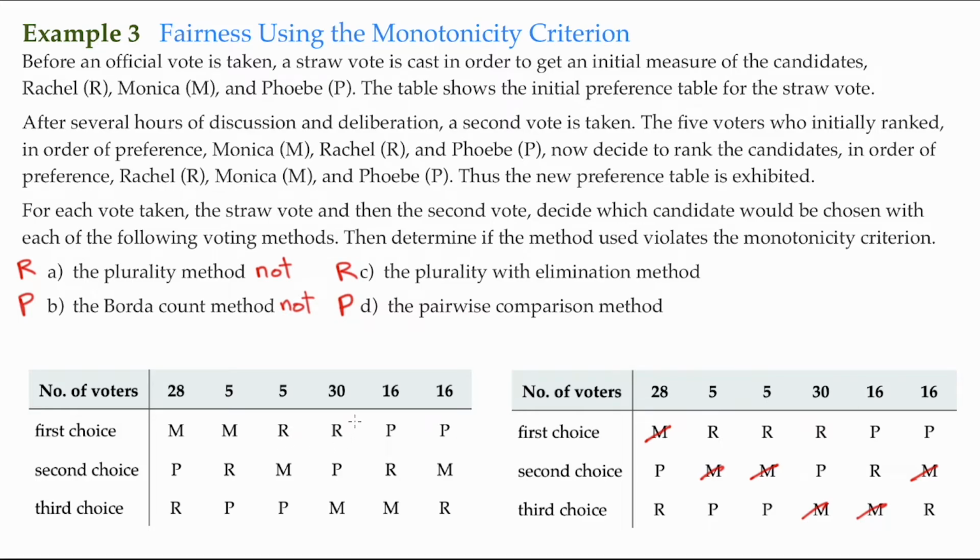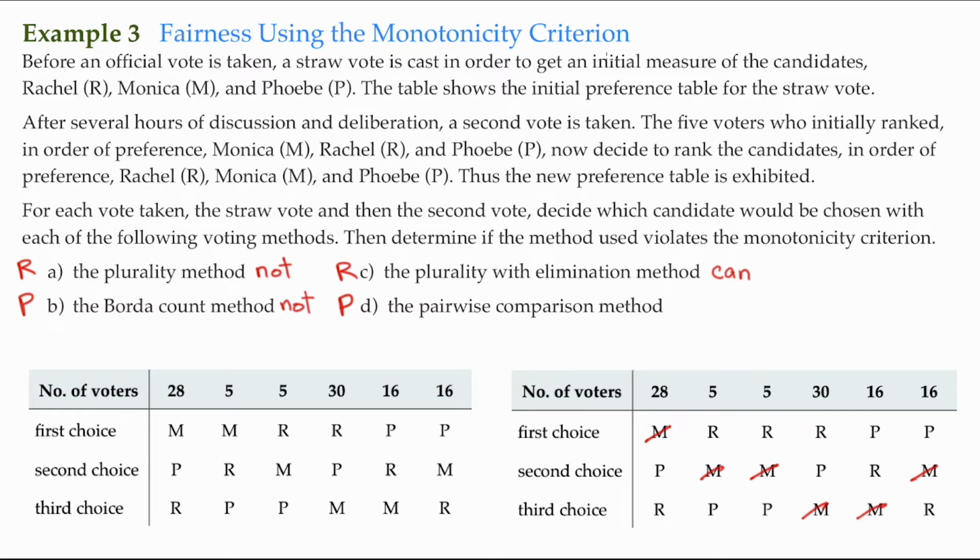Here, she wins the plurality with elimination method with 35 points, but she loses with 40 points. So we can say that the plurality with elimination method can violate, I'm just going to pen it in right there, can violate the monotonicity criterion. Doesn't mean that it always will, but it certainly can.